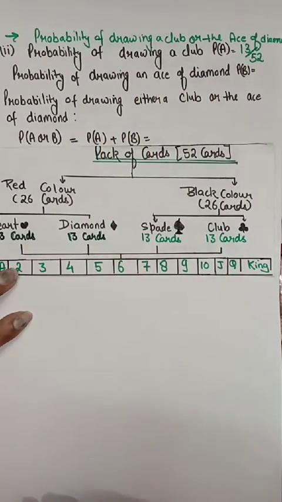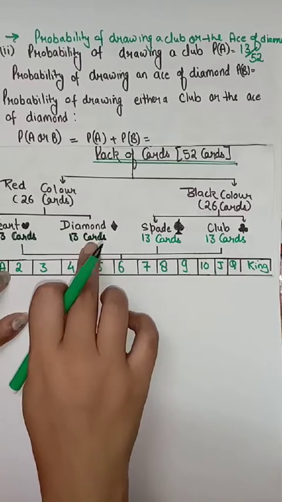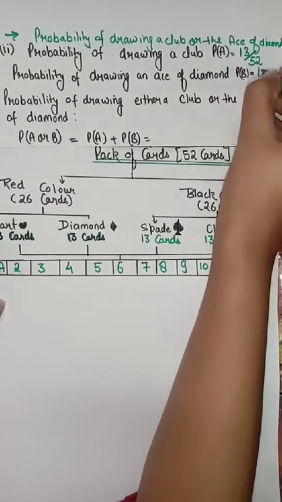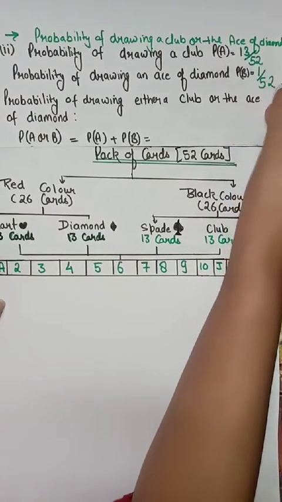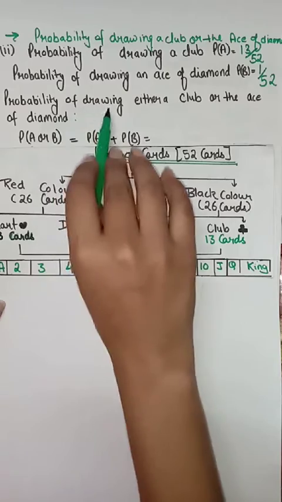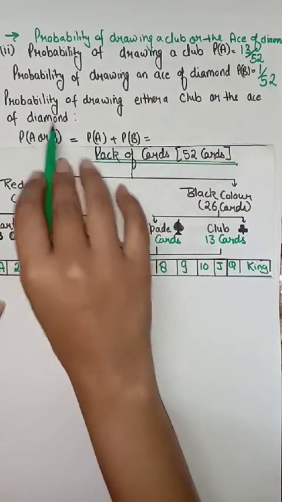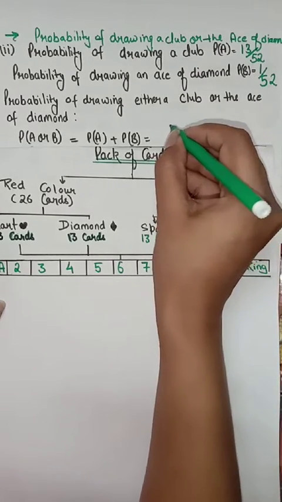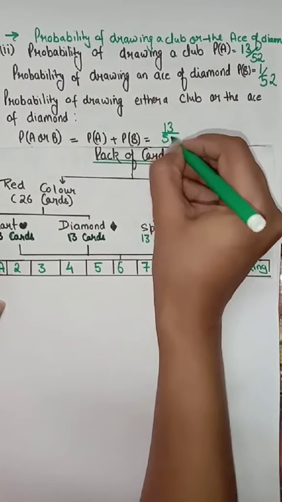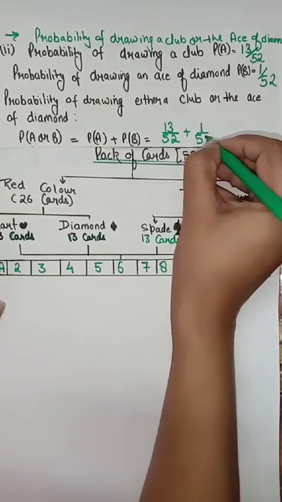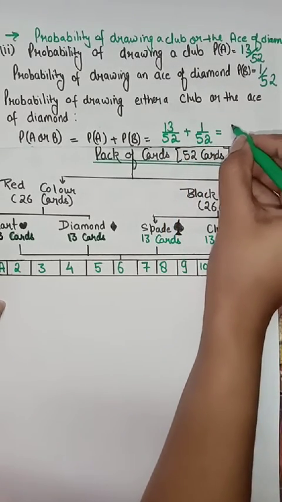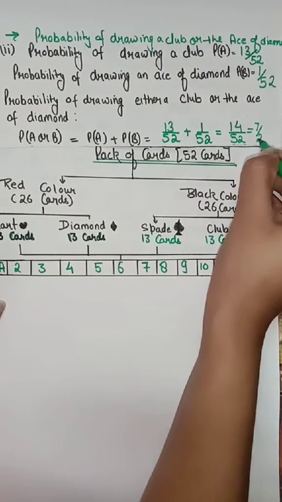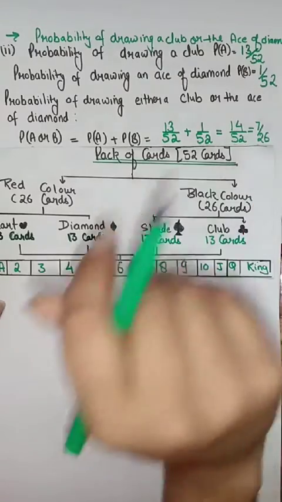How many aces do we have of diamond? Only one. So it will be 1 by 52. So the probability of drawing either a club or the ace of diamond is given by the addition theorem, and we simply keep the values: 13 by 52 plus 1 by 52. The answer would be 14 by 52, that is 7 by 26. So this is how you solve the questions.